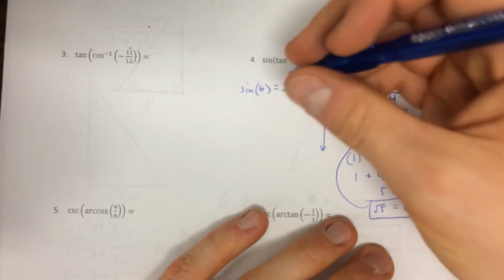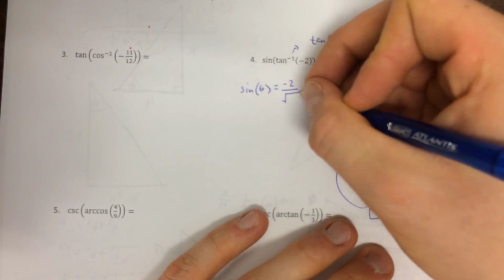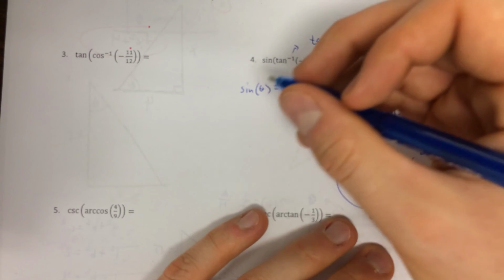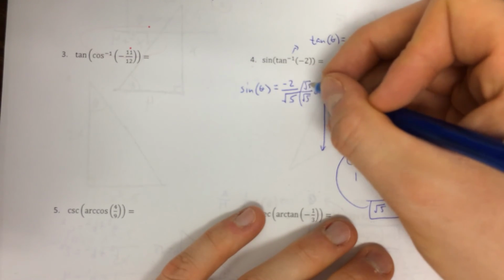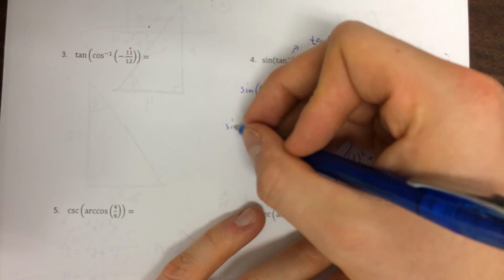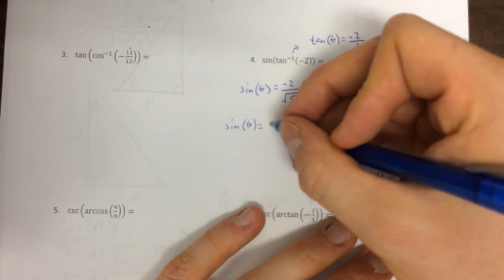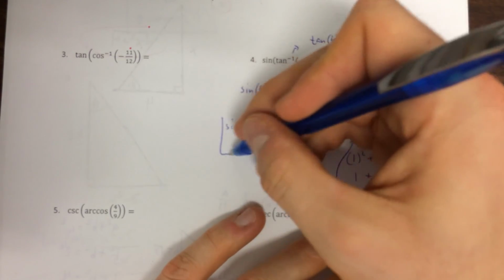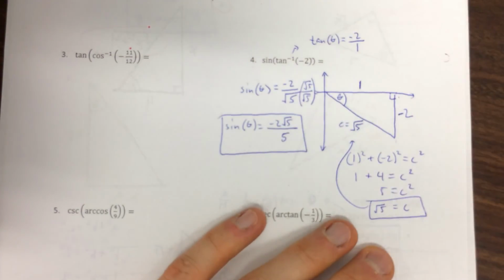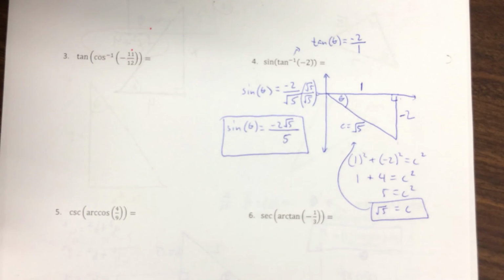That means sine of theta is -2 over square root of 5. We would need to rationalize our denominator, and that's our solution.